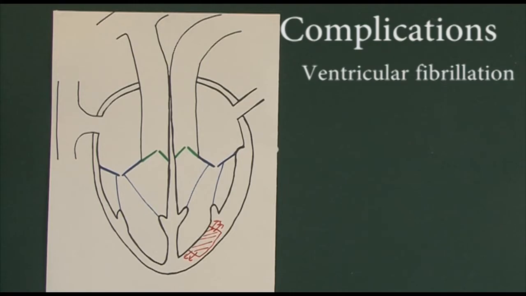Now, the likelihood that ventricular fibrillation develops is not dependent on the size of the infarct. It's independent of the size of the infarct. It's related to the electrical instability generated by the infarct in the myocytes. So someone can actually have a very small myocardial infarction but still die from it.